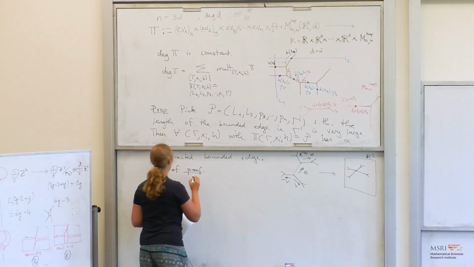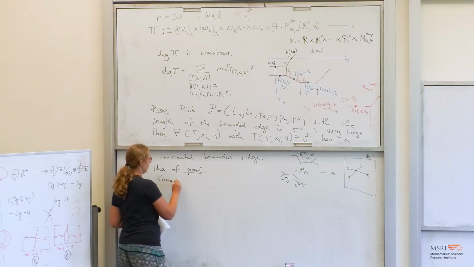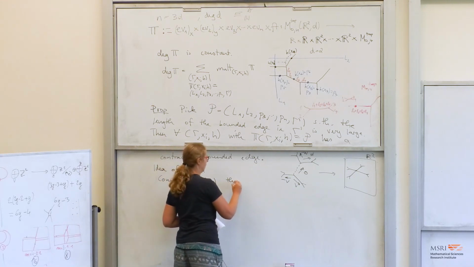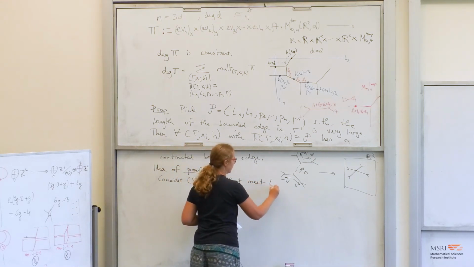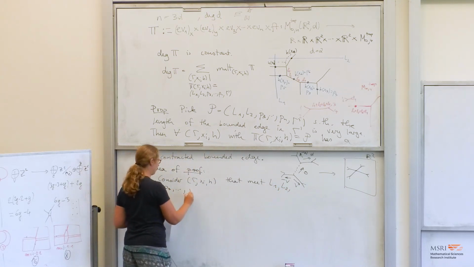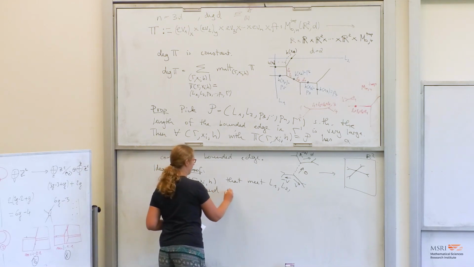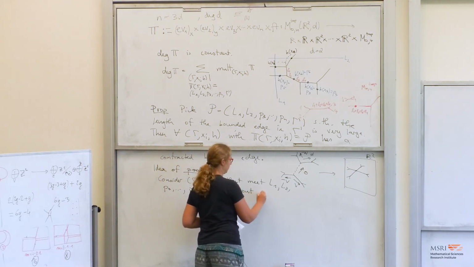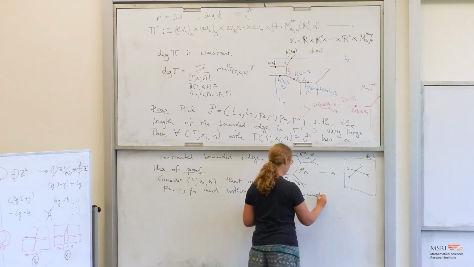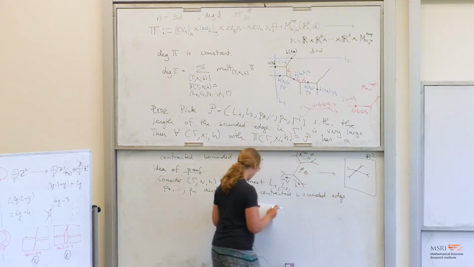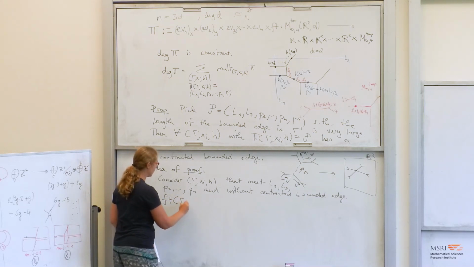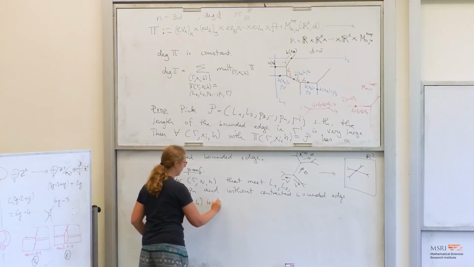We consider all curves gamma xih that meet my 2 lines, L1 and L2, and my points, and they do not have a contracted bounded edge. And then we show that the image under the forgetful map of those curves is bounded.